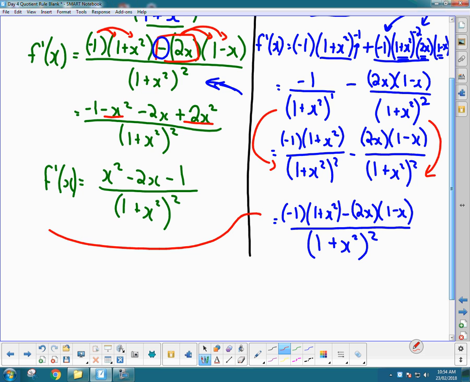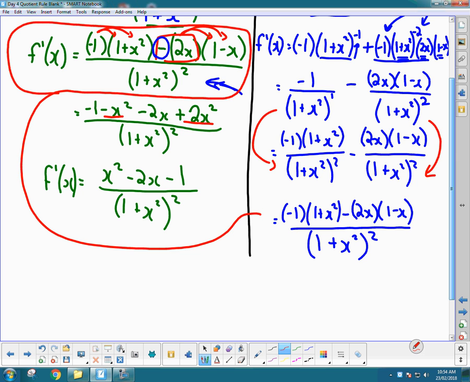You see this and this are exactly the same. This negative 1 came from the derivative of the top. The next is times the bottom, minus the derivative of the bottom, which is just 2x, times the top, all over the bottom squared.